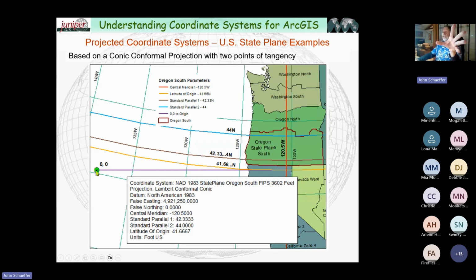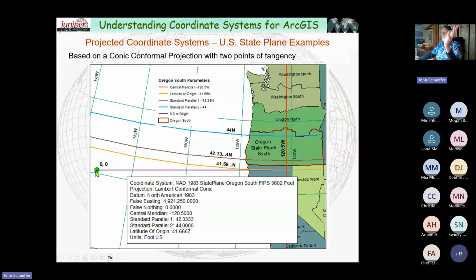It seems a little strange to be halfway out in the Pacific Ocean, but I think when they designed this, they made it a lot different from an earlier version that had the 0, 0 about here, just so people would recognize by the numbers which coordinate system was which.